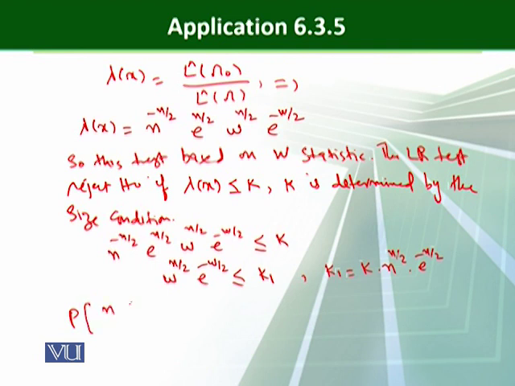So our size condition is now the probability of the sum of (X minus mu naught) square over theta naught less than or equal to k1 being equal to alpha. So this is under the null hypothesis. Next we have to find the distribution of this quantity.